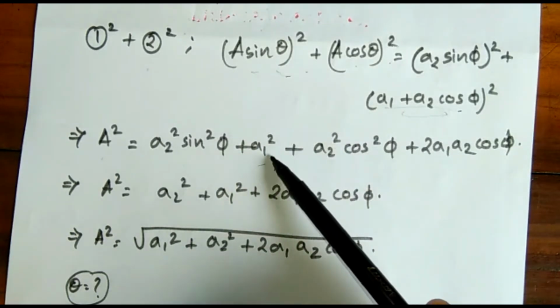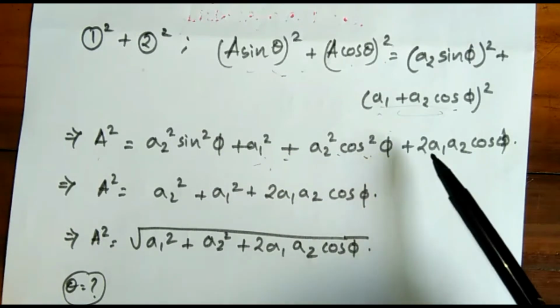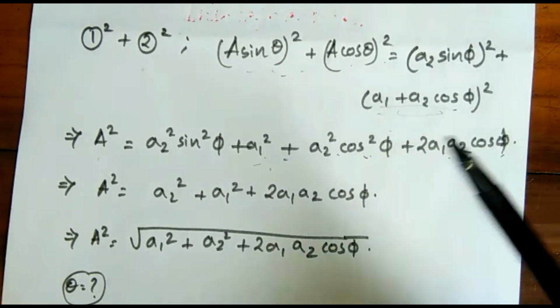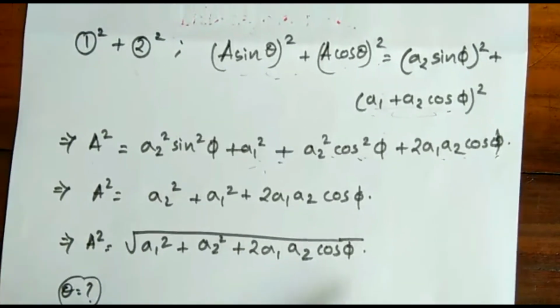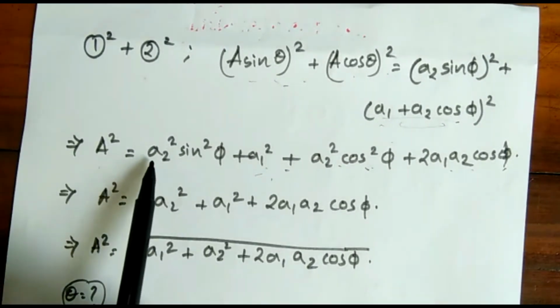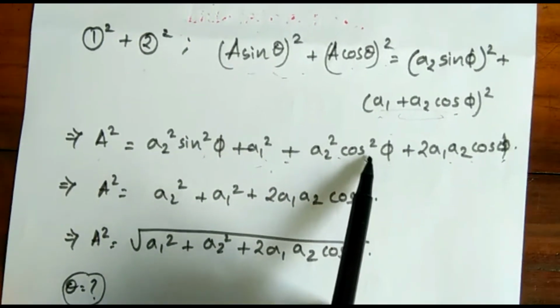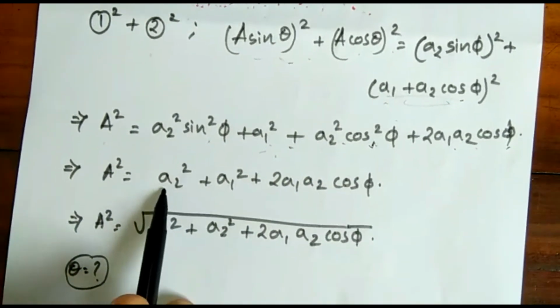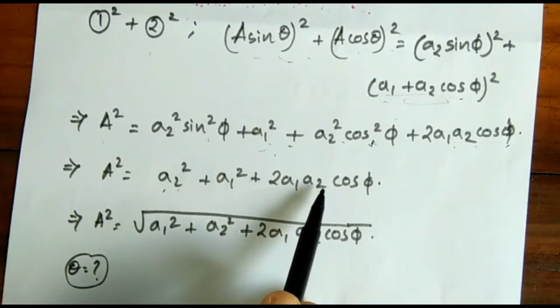So we can write it as a1 square plus a2 square cos square phi plus 2 a1 a2 cos phi. Now here again we can take a2 square common, and sin square phi plus cos square phi is 1, so we only write a2 square. So a square is equal to a1 square plus a2 square plus 2 a1 a2 cos phi.